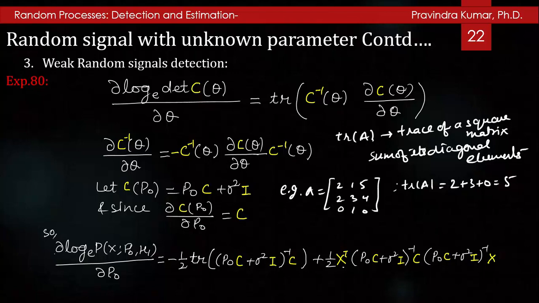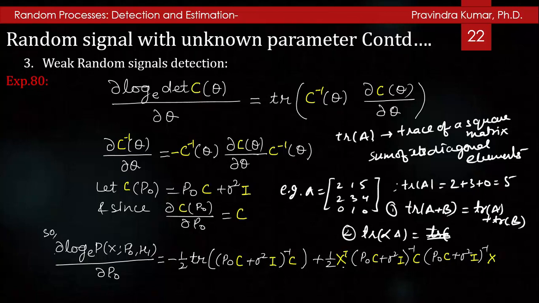The trace of a square matrix has some properties. The first property is trace of A plus B is equal to trace of matrix A plus trace of matrix B. The second property is trace of alpha A is equal to alpha trace A. And the third property is trace of A transpose is equal to trace of matrix A.